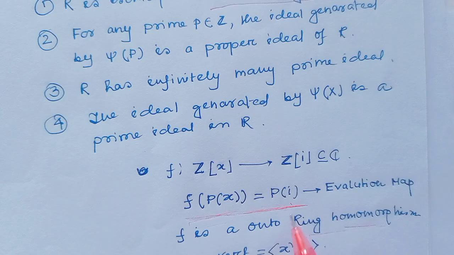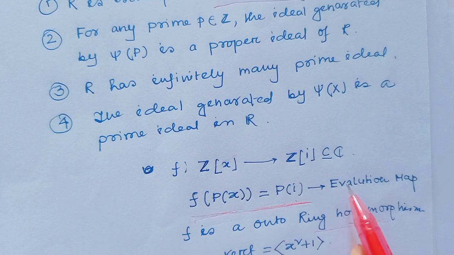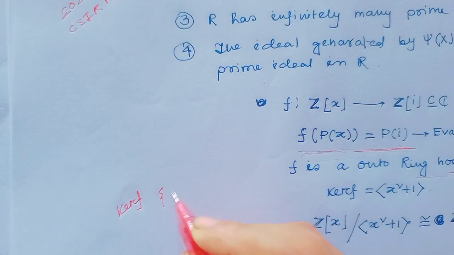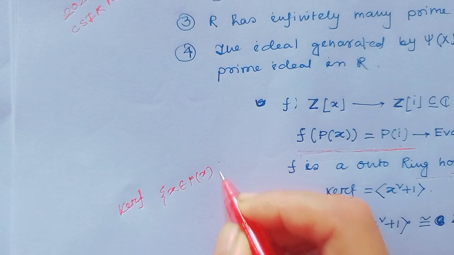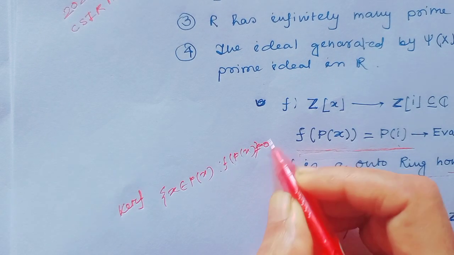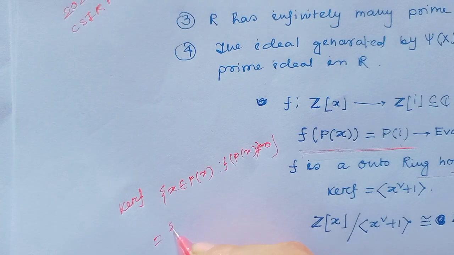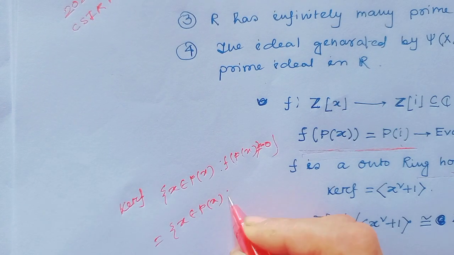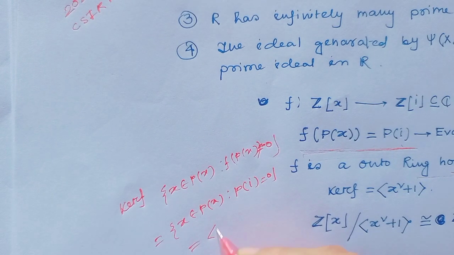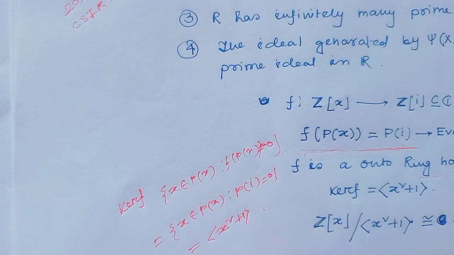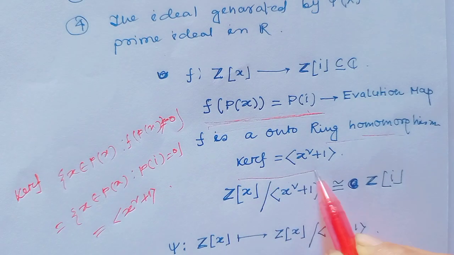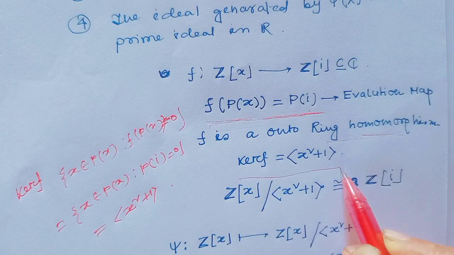And obviously, the kernel means those p(x) belonging to Z[x] such that f of p(x) equals 0, that means p(i) equals 0, and this is nothing but the ideal generated by x square plus 1.